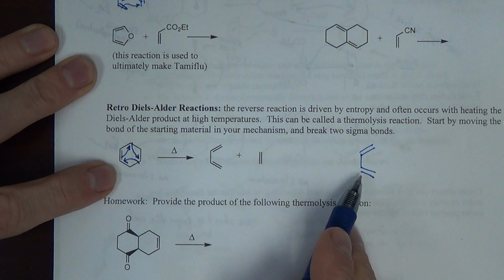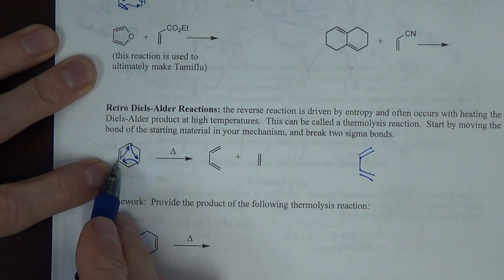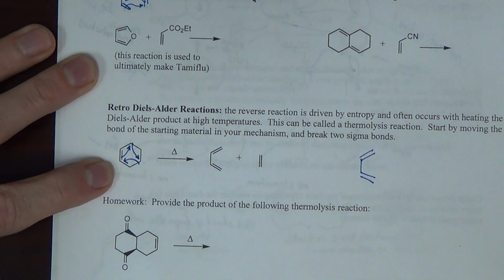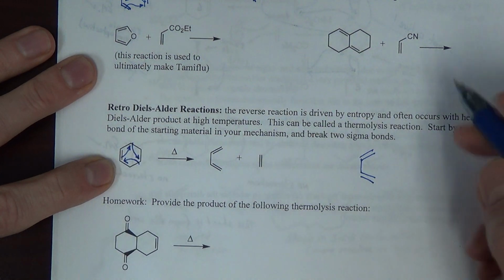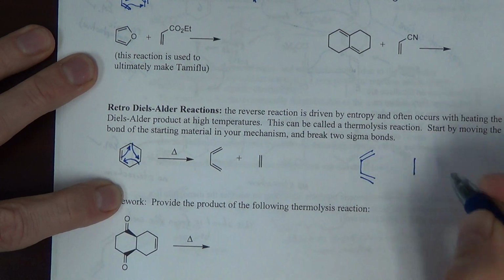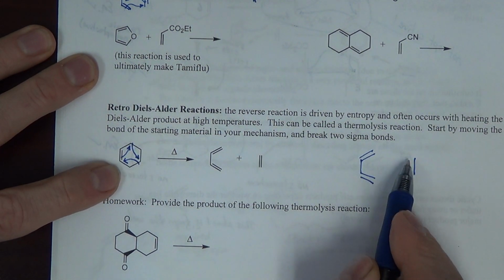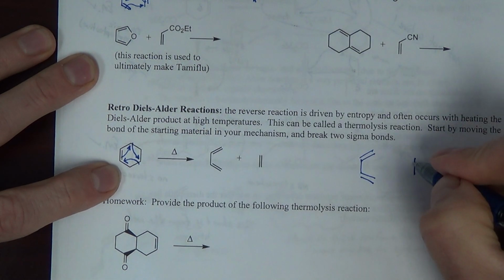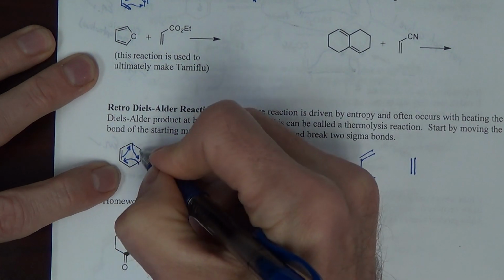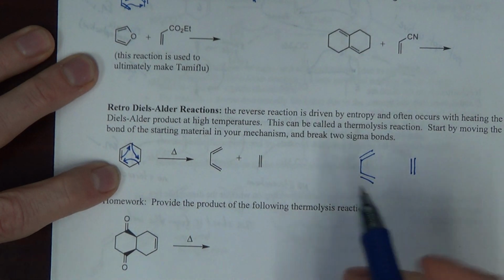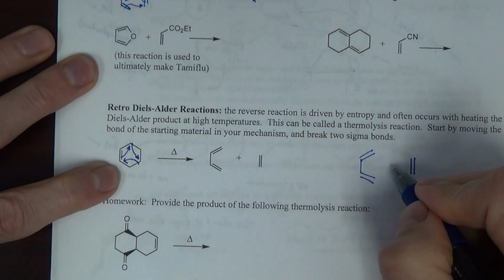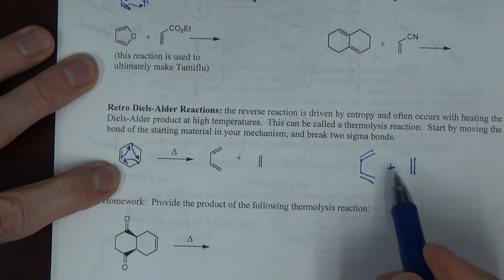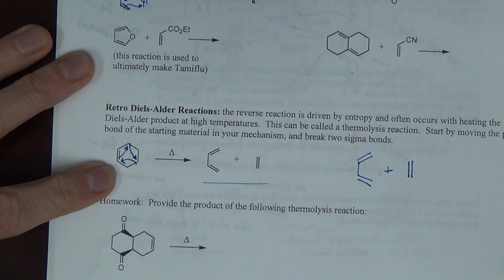Double bond here, single bond here because it moved up to make the double bond up there. But these two carbons are no longer bonded to each other. We broke that single bond. Those electrons moved down to between these two carbons. And here we're breaking this single bond, so these are no longer bonded. And we get those two products. Well, that's what I showed there.